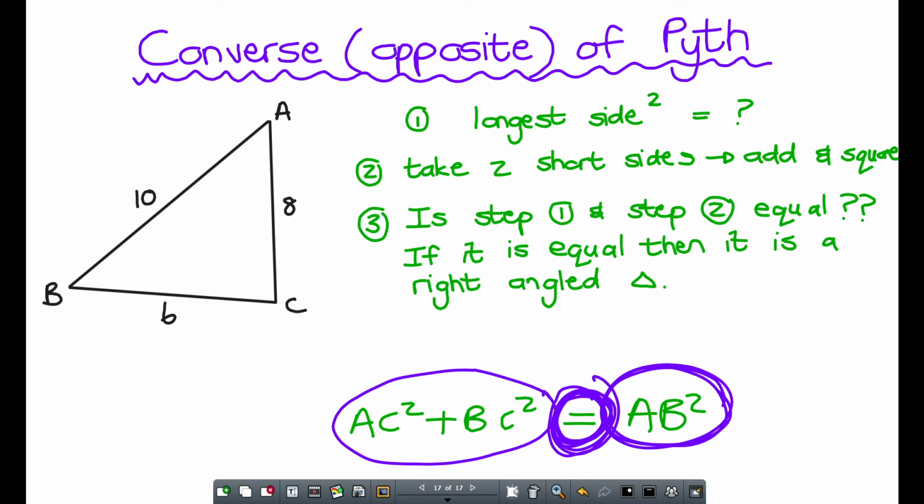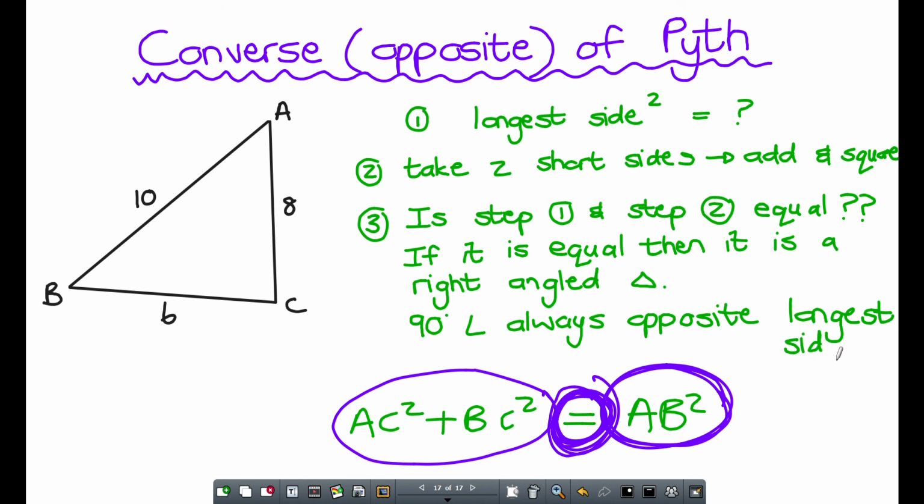It's always across the? Yes. So the 90 degrees angle is always opposite the longest side. You guys good with that?